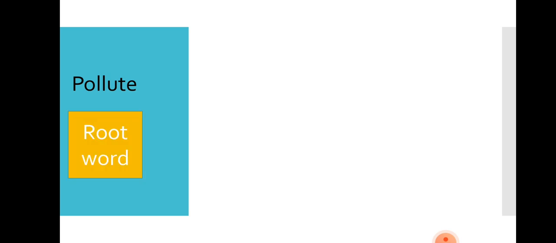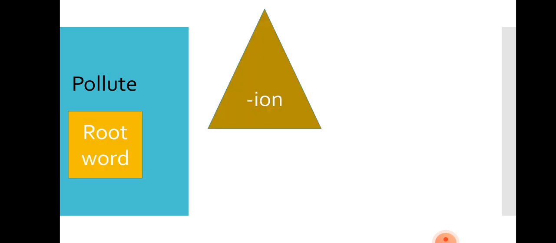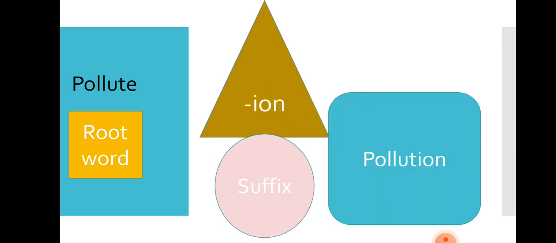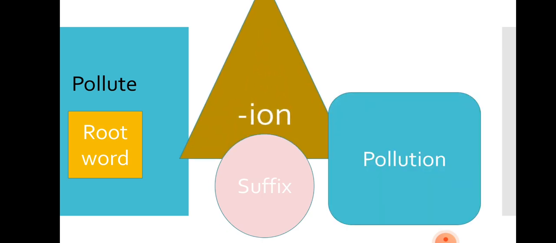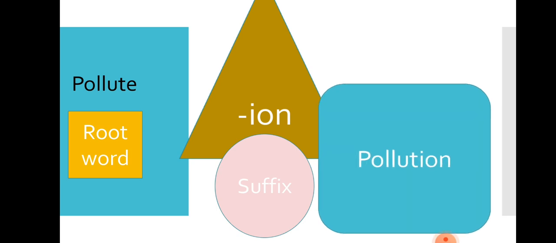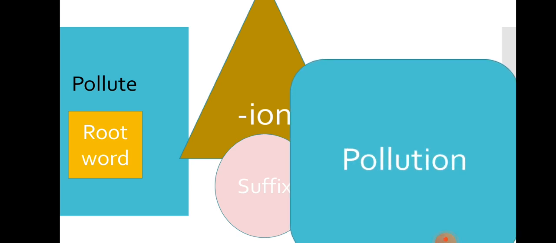Pollute. It's a root word or a base word. ION is a suffix. Now you just add ION with pollute and you get the word pollution.